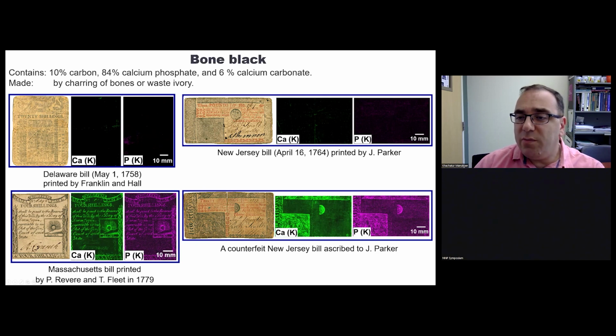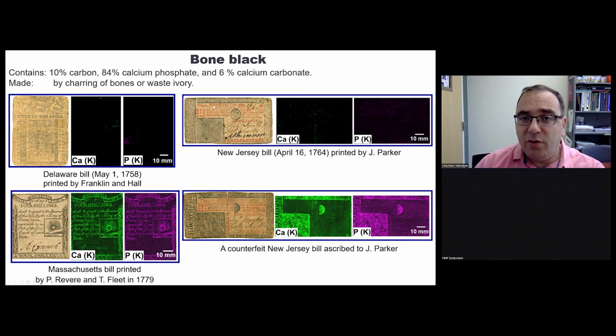So you don't see much of the calcium and phosphorus, because this printing ink is graphite. But if you look at Paul Revere's workshop, you see calcium and phosphorus associated with the printing ink. The same you can see on a fake bill printed, which is ascribed to James Parker.